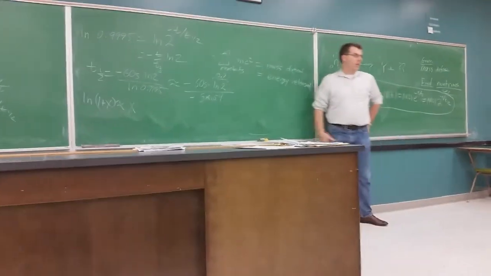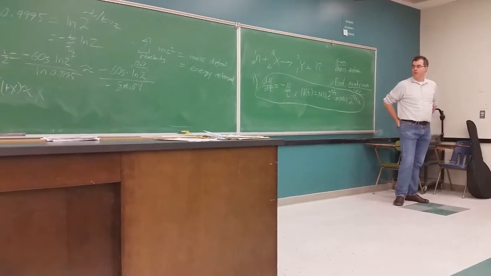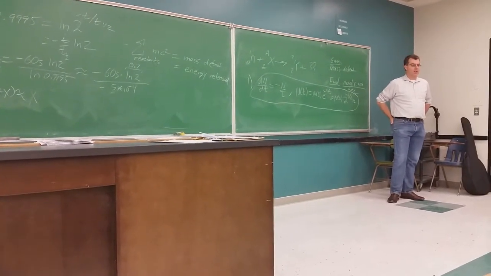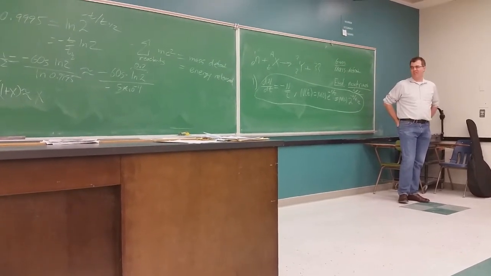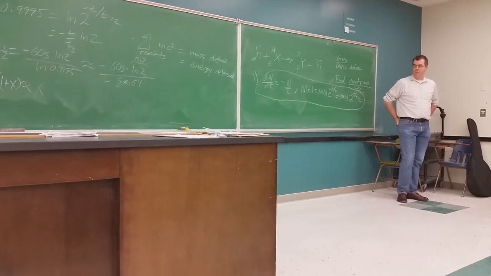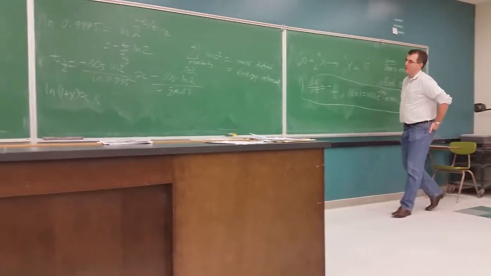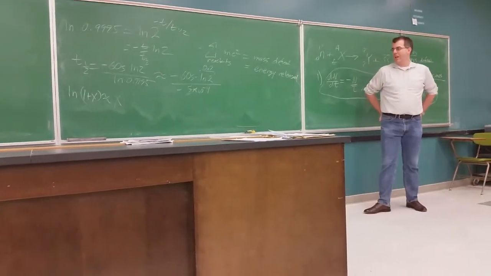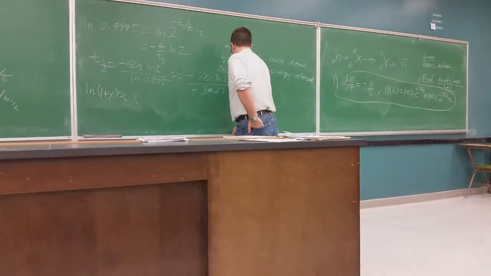And no, I will not expect you to memorize that Taylor series or the natural log of 2. I was just trying to get an estimate in my head. About 12 times 0.7 is about 9. So 9 times 10 to the 4th seconds.